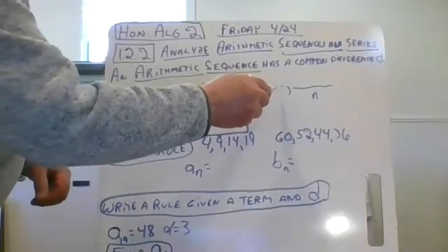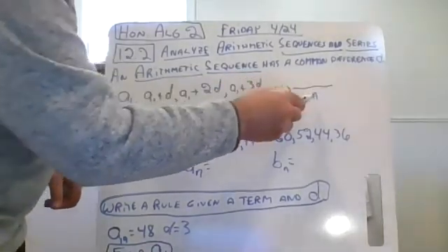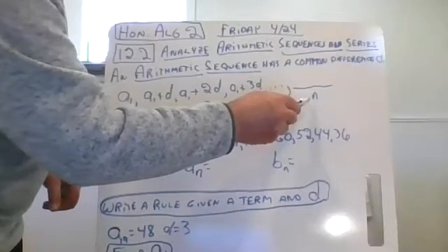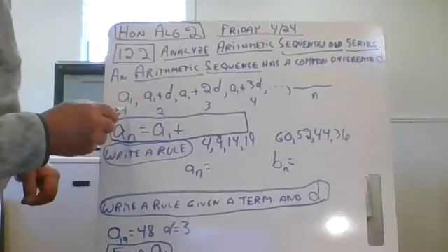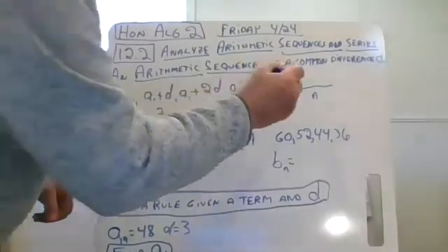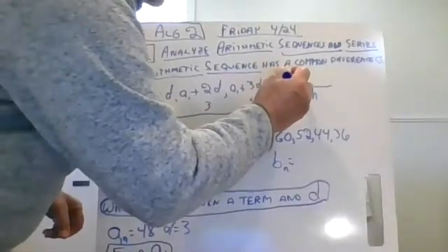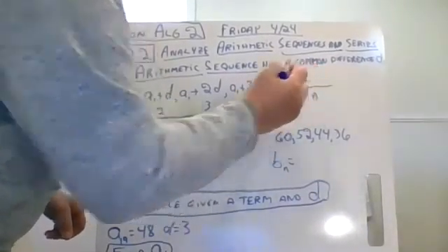What we need to do is come up with a formula for the nth term. Let's take a look at what we have here. They all start with a sub 1. And so this is going to be a sub 1 plus.